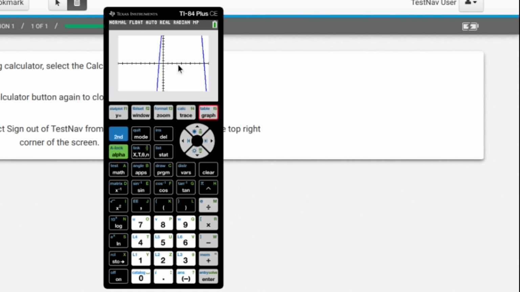Unlike a previous problem, I can actually plug in 5.618 right now at this very moment. So I'll hit second, trace, value, and I'll type out 5.618. Did I keep saying 616? I think I did. 618 is what I want. That is what I want, 4.7641, which simplifies to 4.765.